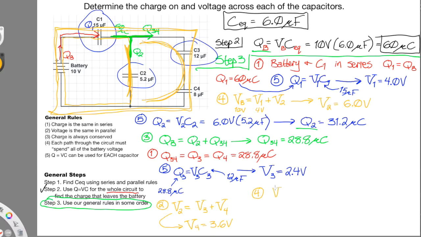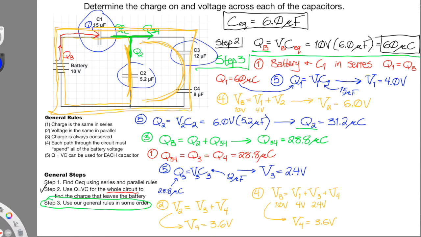So whatever voltage we get from the battery on this path, we can spend some at capacitor 1, some at capacitor 3, and some at capacitor 4. Well, we know the battery was 10 volts, capacitor 1 was 4 volts, capacitor 3 was 2.4 volts, and what this leaves us is, again, the same answer. V4 is 3.6 volts.